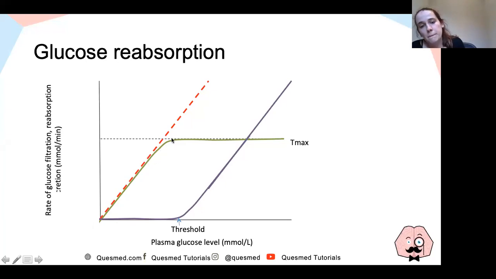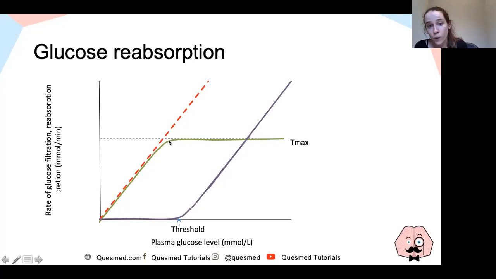Once we get to about this point here, the reuptake of glucose starts to become saturated. The maximum transport ability of those proteins is reached, and therefore, even though there's more glucose around, they cannot transport more glucose back into the bloodstream.